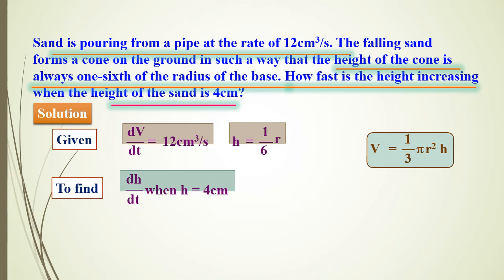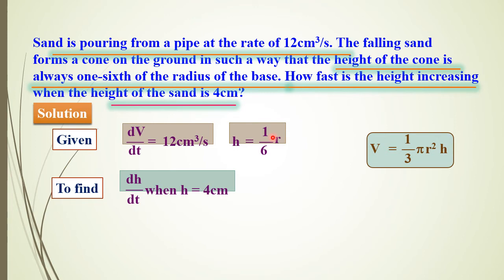Next, after the sand falls on the ground and one cone is formed, the height of the cone is 1/6 of the radius of the base, therefore h equal to 1 divided by 6 r. It is written here. Then, how fast is the height of the cone increasing when the height of the sand is 4 centimeter?